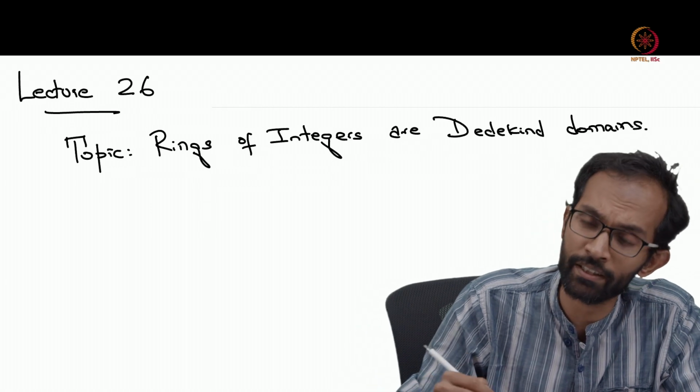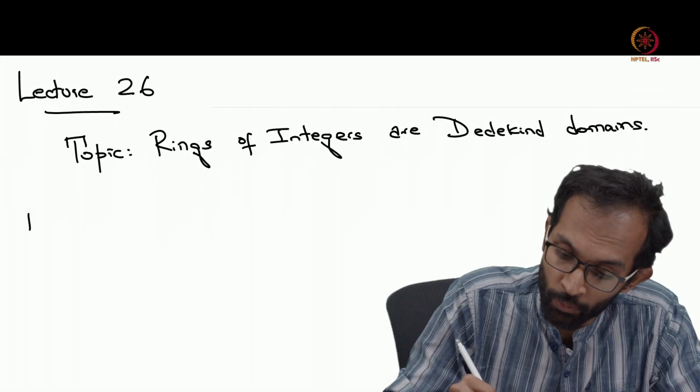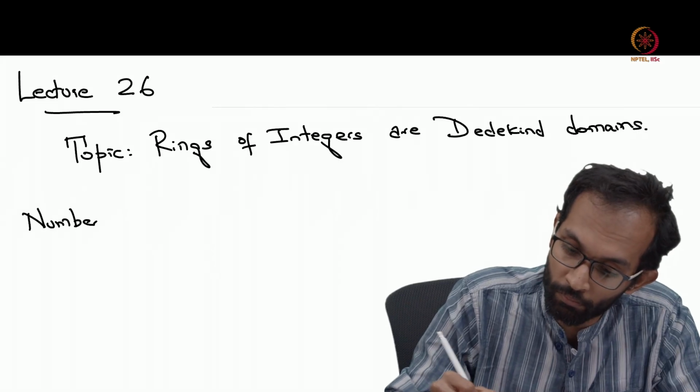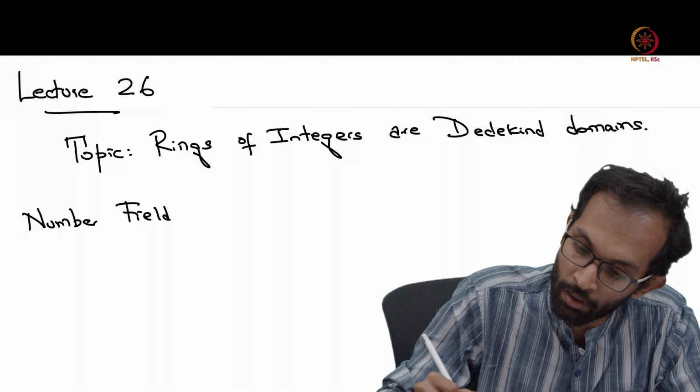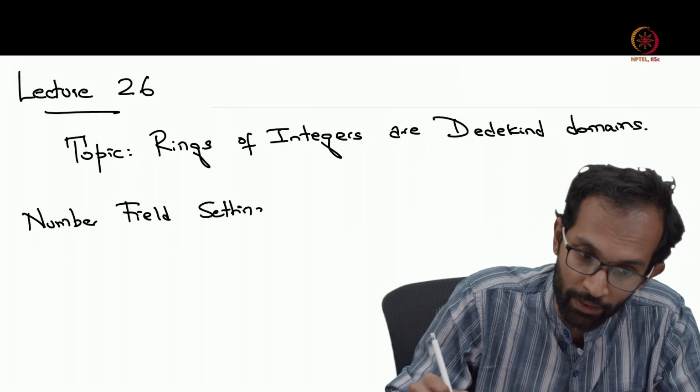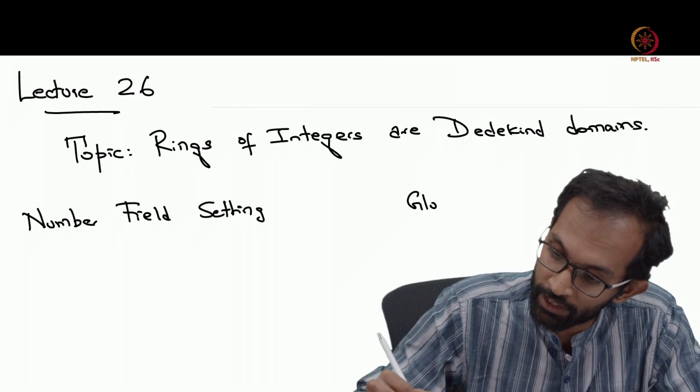Okay, so there are two settings that we are primarily interested in. One is called the number field setting, and the other is called the global function field setting.